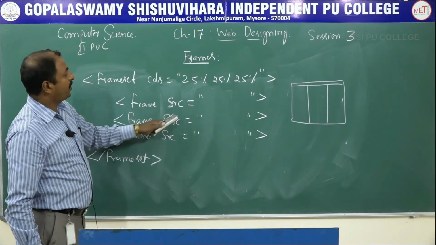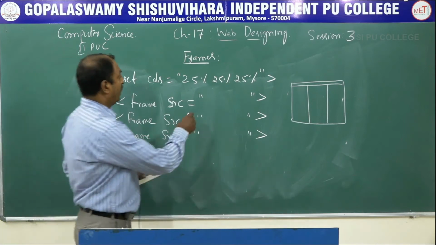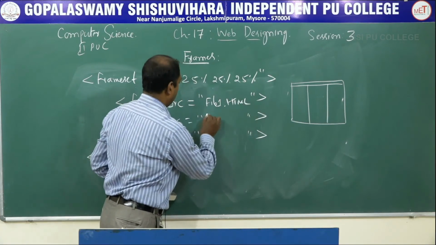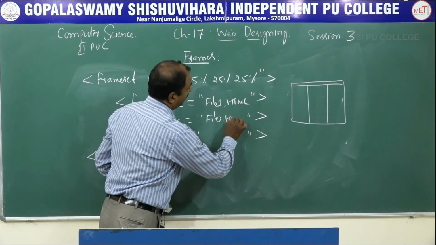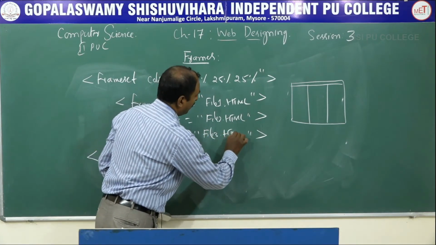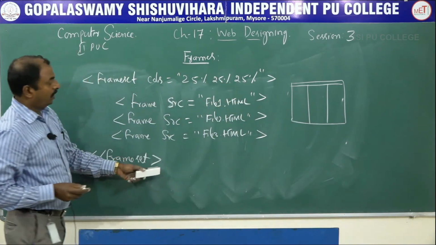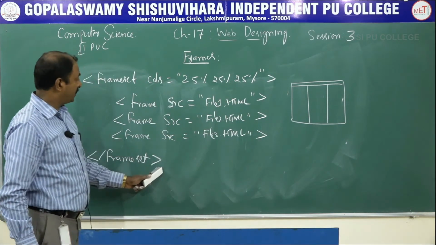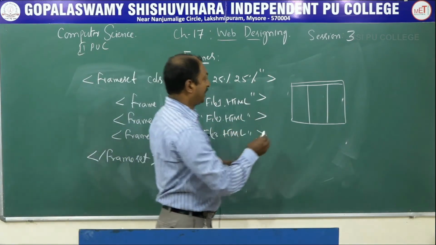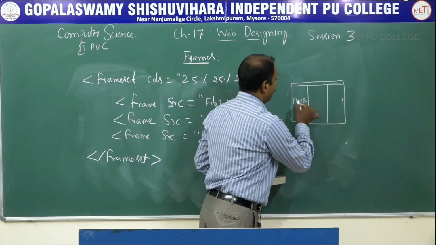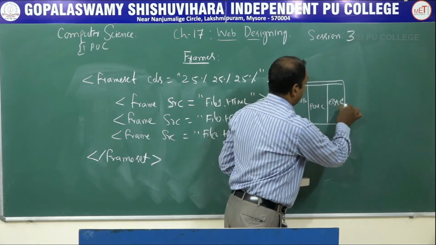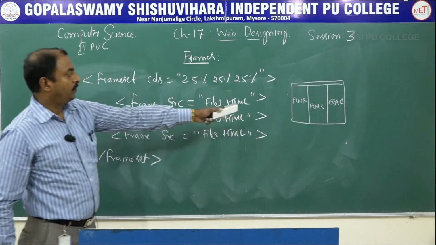Because we have given 3 different file names, for example file1.html, file2.html and file3.html, when you open this, the output would be the content of file 1. For example, if I write here PCMB, here PCMC, and EBAC, you can see the output would be like this.